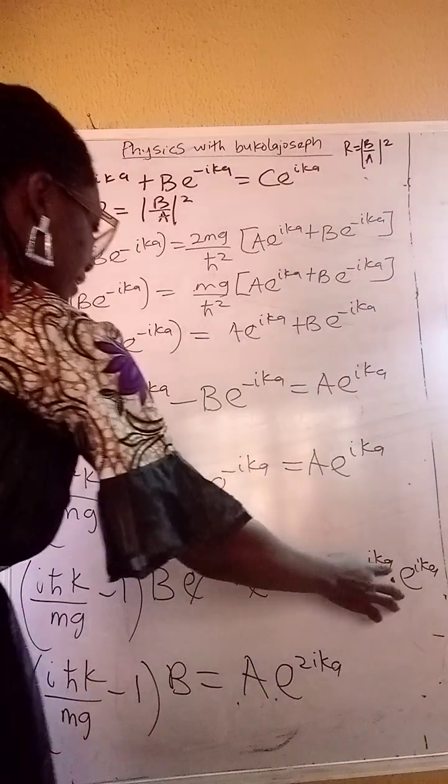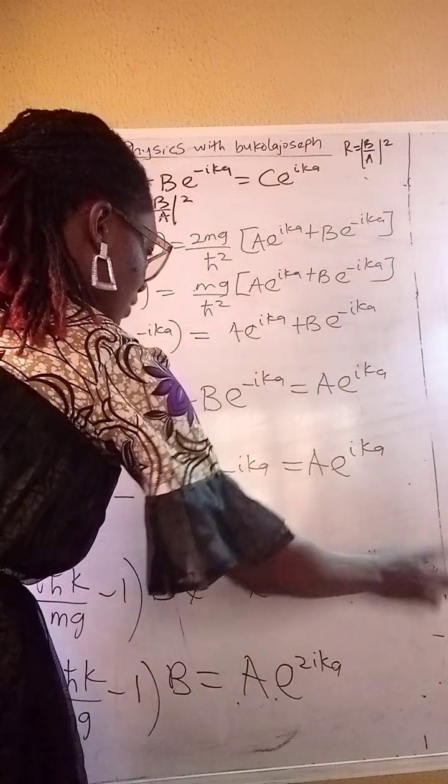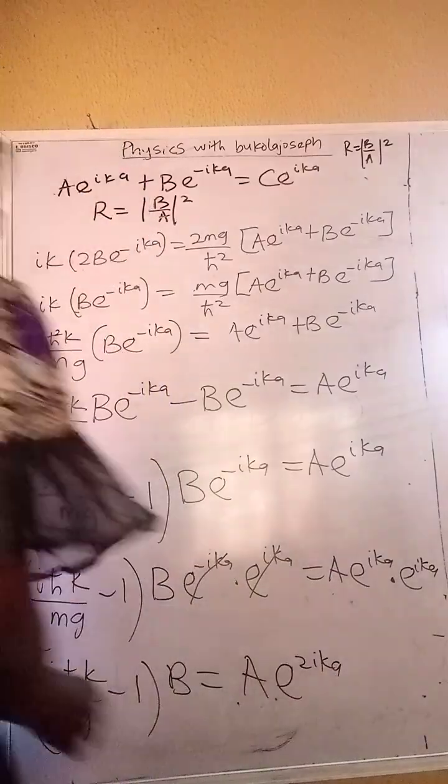Just assume this ika is 1, and another 1, plus 1 will give us 2.